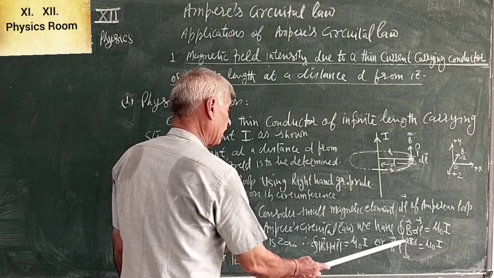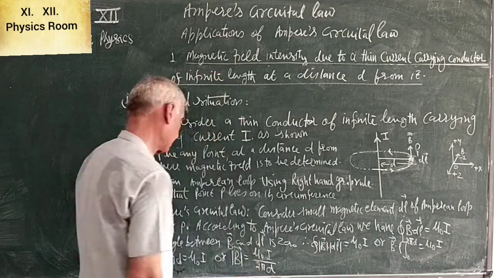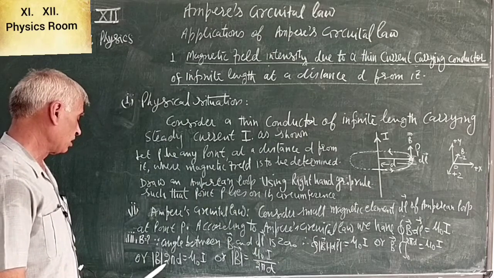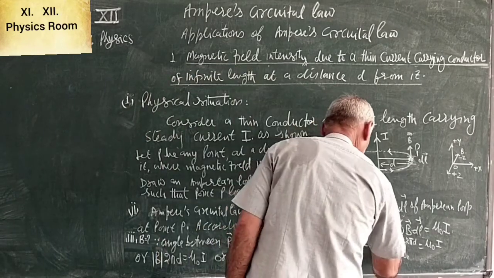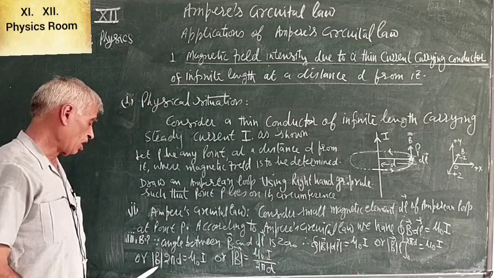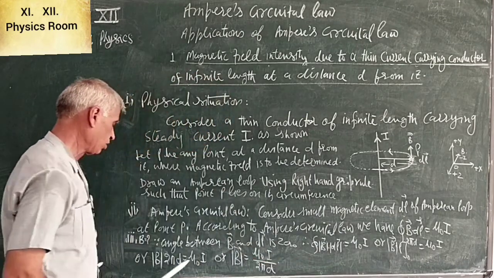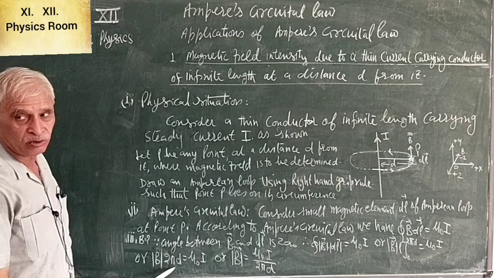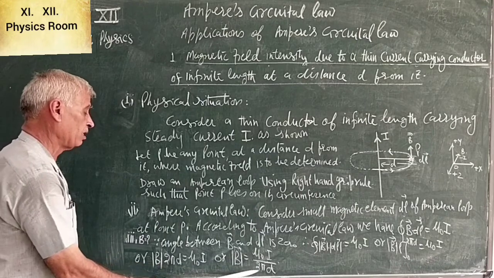So B times L from 0 to 2 pi d is equal to mu 0 I. After evaluating the limits, upper limit minus lower limit, we have mod B into 2 pi d equal to mu 0 I, or B equals mu 0 I by 2 pi d.